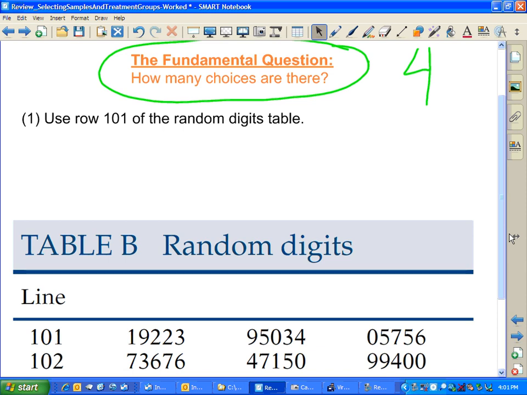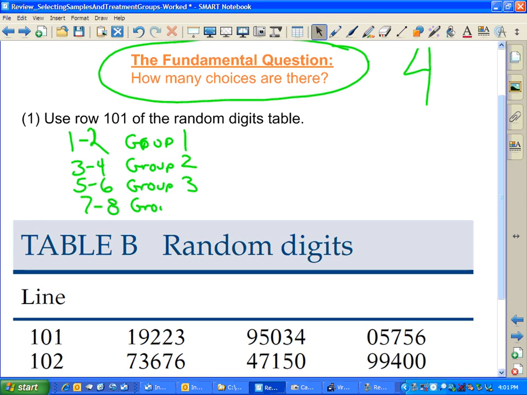Another way you could do it is if you're looking at single digits, you only need single digits because there are 4 choices. You could assign 1 and 2 to be group 1, 3 and 4 to be group 2, 5 and 6 to be group 3, and 7 and 8 to be group 4. 9 and 0 you ignore.